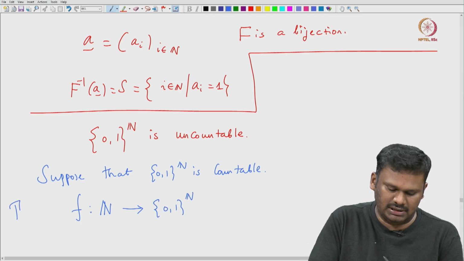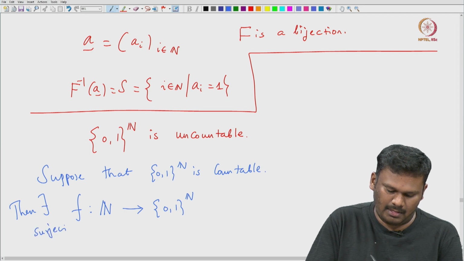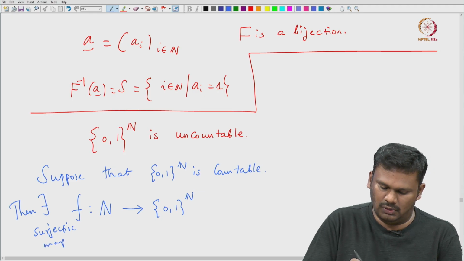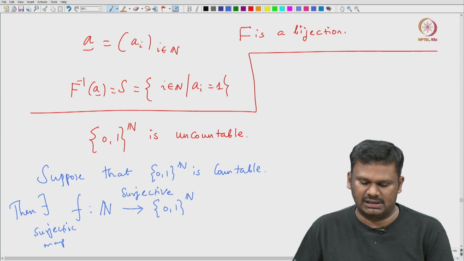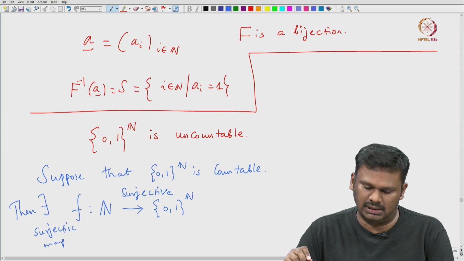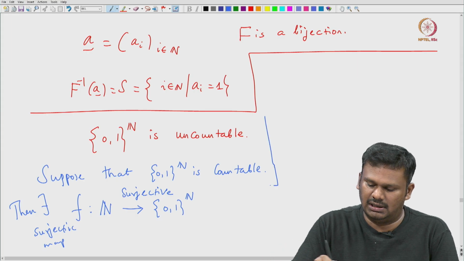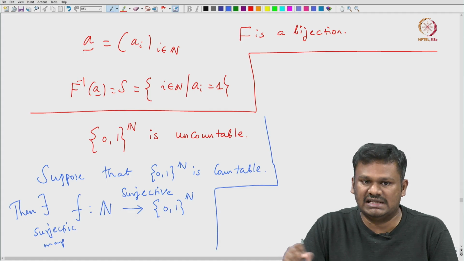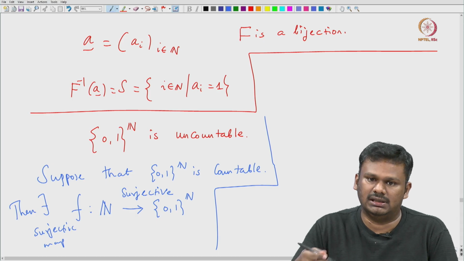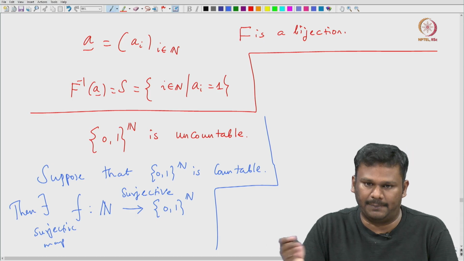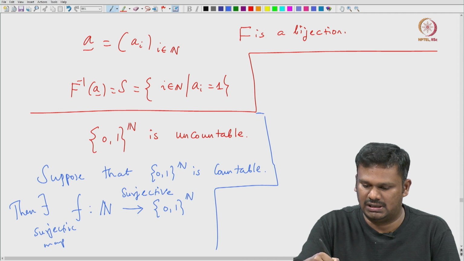So, then there exists a surjective map from n to {0,1}^n. Since it is surjective, the image of this F is going to be the entire {0,1}^n. So, that tells us that one will be able to list all the elements of {0,1}^n. If it is not bijective, some elements could repeat in the listing, but it does not matter. We will just list all of the elements.